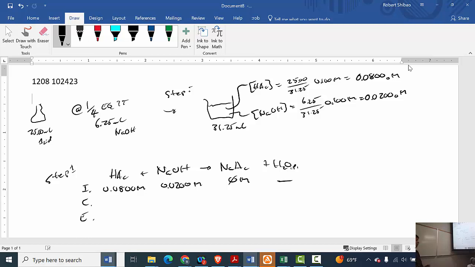Okay, now we're in the excess acid region, but this excess acid region for a weak acid and a strong base is called the buffer region. And so we aren't going to neutralize all our acids. The limiting reagent here is the sodium hydroxide, and so we're going to lose all that.